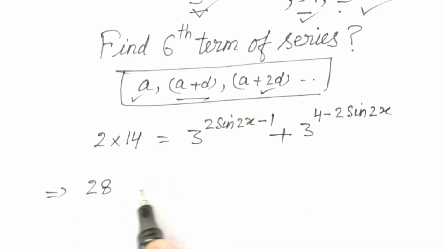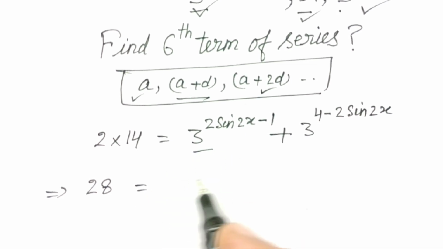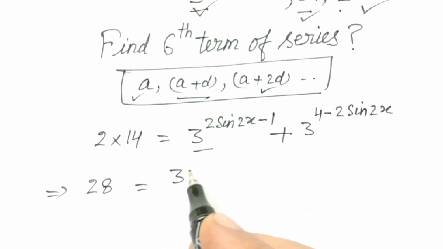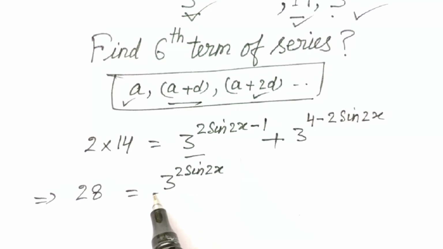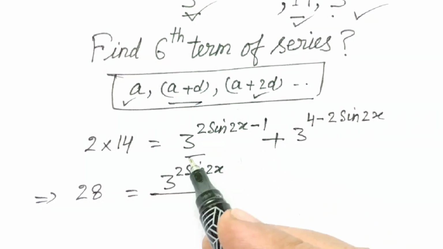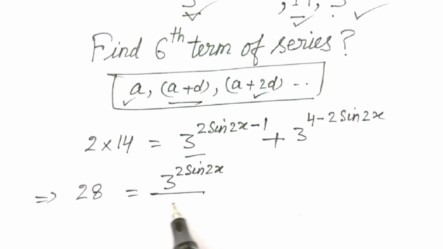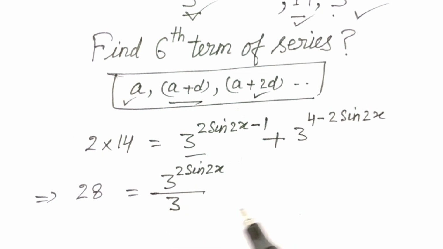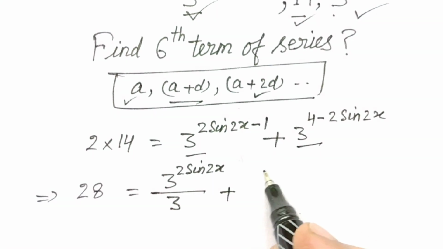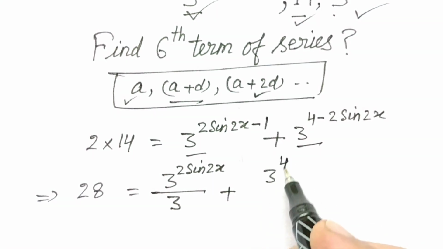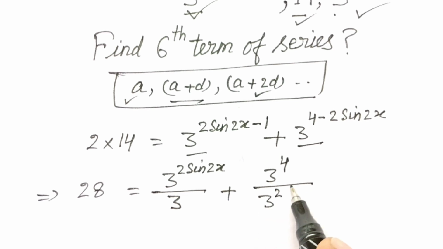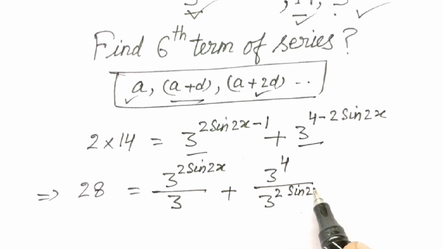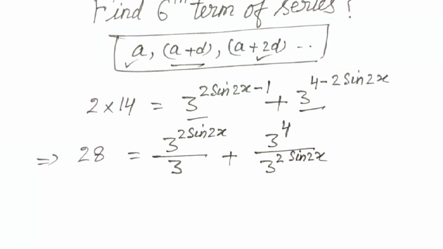Now 28 is equal to, if we break this as 3 to the power 2 sin 2x over 3 to the power 1, which is 3, plus, in the same way, 3 to the power 4 over 3 to the power 2 sin 2x.